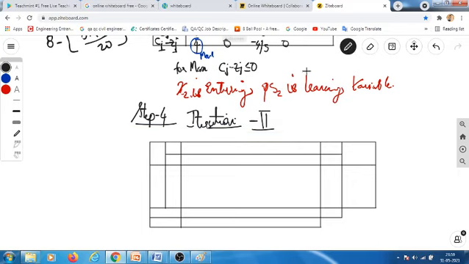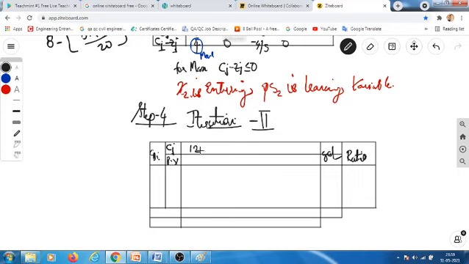So we have inserted the table, and what do we have to write? Again the values. This is our CBI, this is Cj, basic variables, ratio, solution. What are the basic coefficients of the objective function?